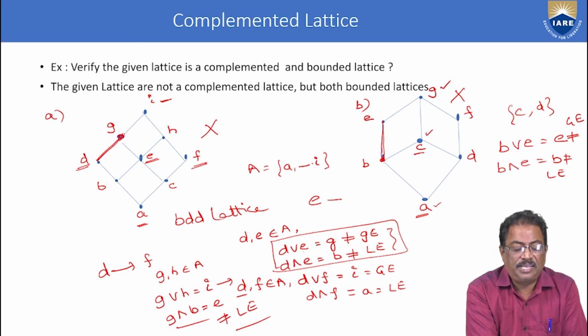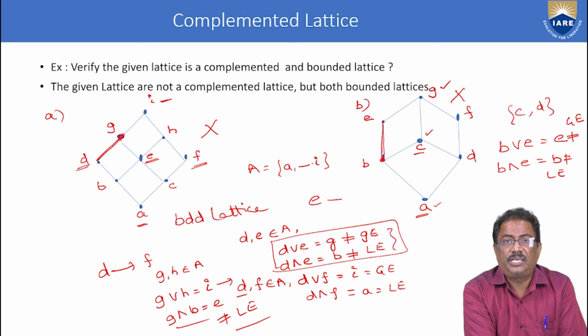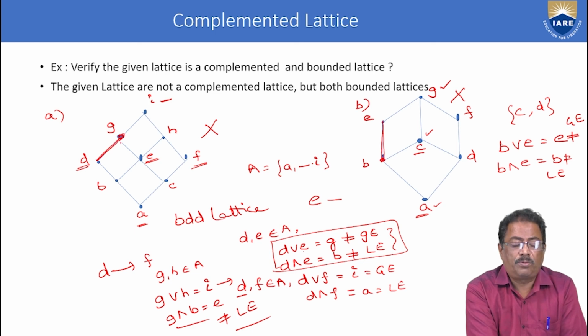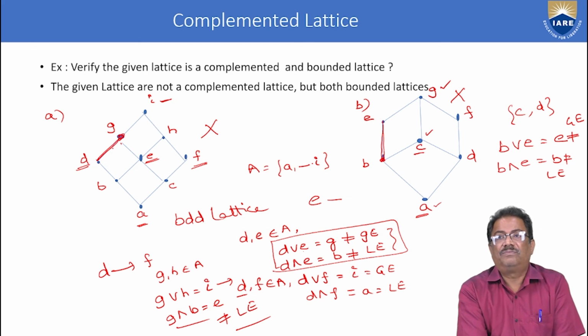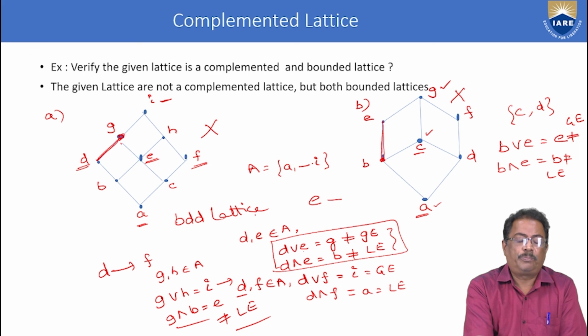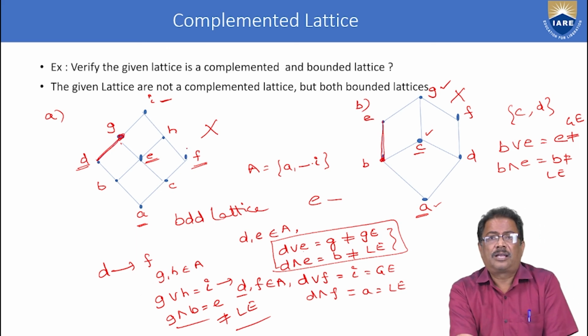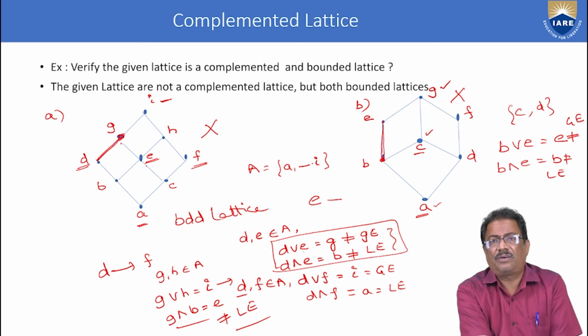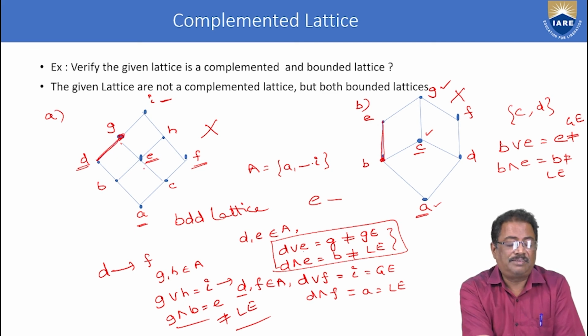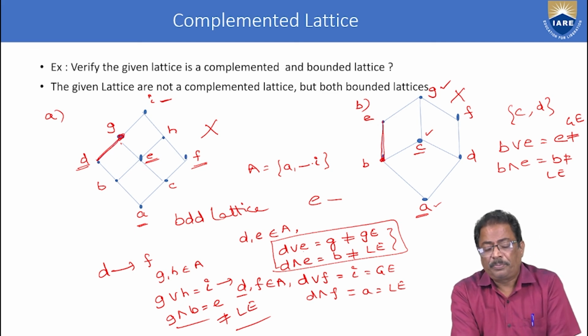Let us say D and G. For D and G, the least upper bound is G and the greatest lower bound is D, which are not the least and the greatest element. So they are not complements of each other. If at least one element, such as E or G, does not have a complement, then the entire lattice is not a complemented lattice. Here E does not have a complement, so it is not a complemented lattice.